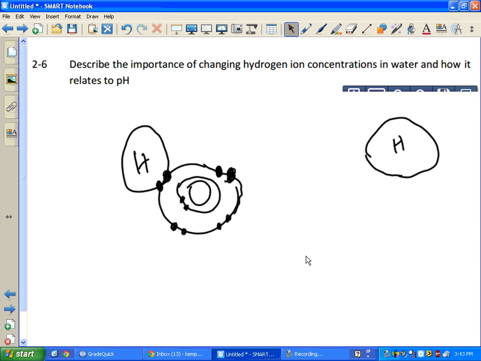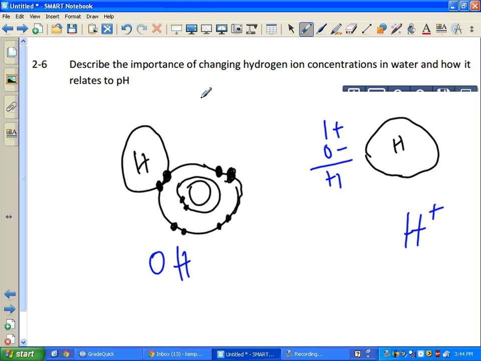Okay, so at this point we have OH and we have H. This hydrogen has 1 proton, 0 electrons, so it has an overall charge of +1. So that's H+. This OH has oxygen and hydrogen.